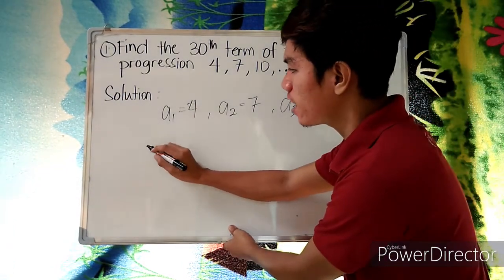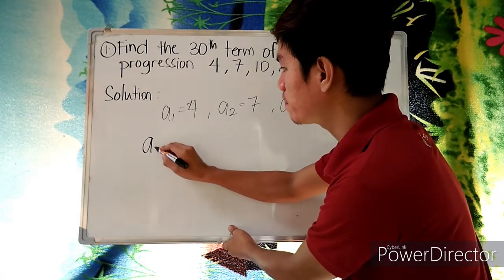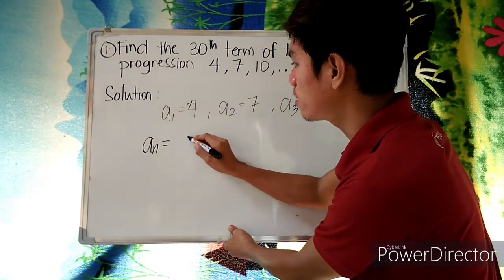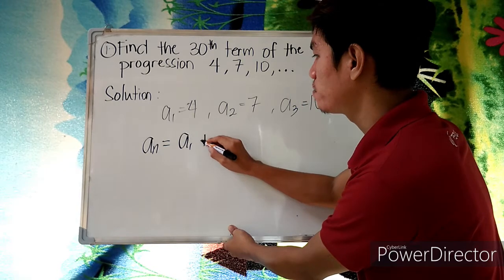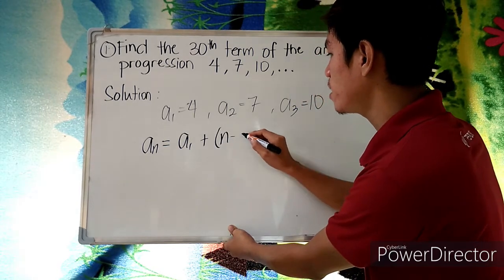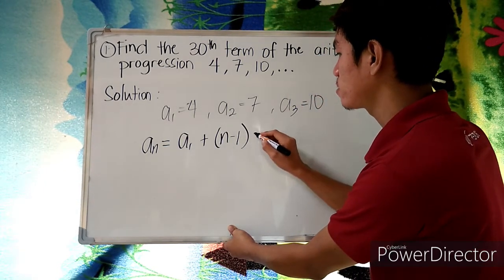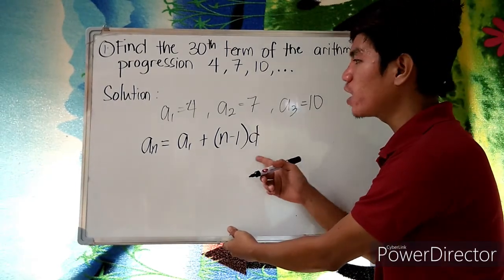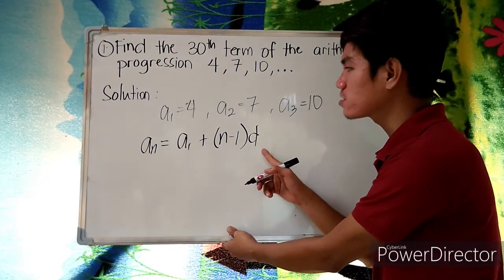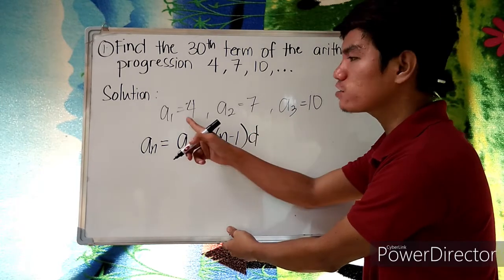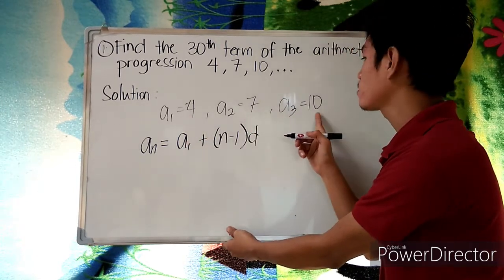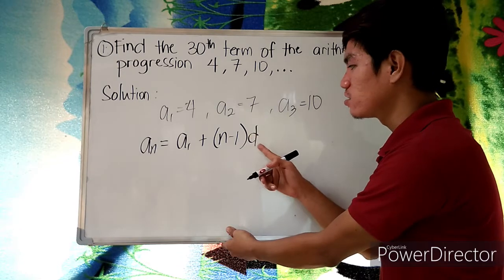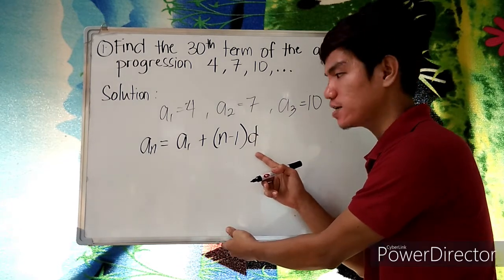Using the nth term formula, a sub n equals a sub 1 plus n minus 1 times d. By inspection, makukuha natin yung common difference: 7 minus 4 is 3, 10 minus 7 is 3. So, yung difference natin dito is 3.